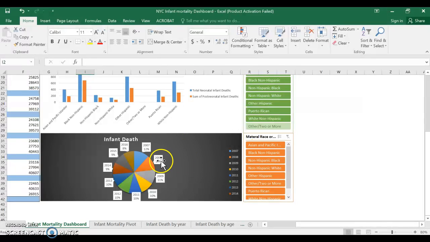Based on this pie chart, we can see that the number of deaths per year has decreased, and what it suggests is that probably the hospitals had taken enough initiatives to reduce the number of infant deaths.